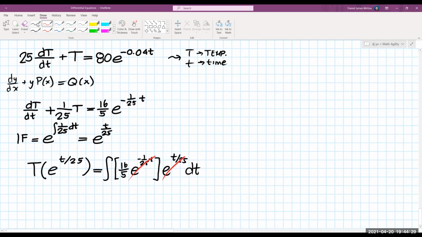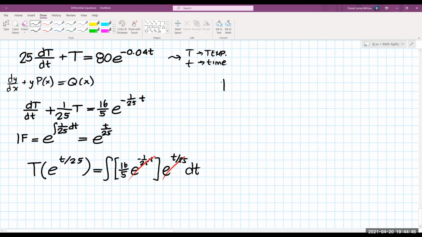Before we evaluate the integral, we can simplify the integrand. We can cancel the two exponential expressions since the exponents will cancel out, right? t over 25 minus 1 over 25 t is 0, and e raised to 0 is 1.